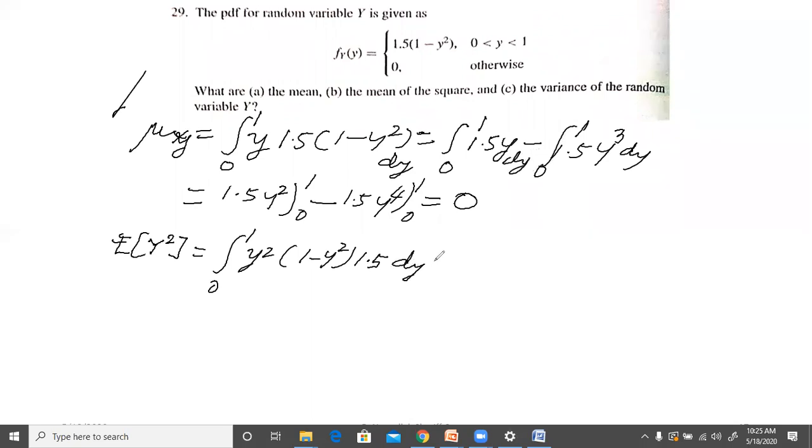Now I can separate it out: the integral from 0 to 1 of 1.5 y square minus the integral from 0 to 1 of 1.5 y to the power 4, with dy.